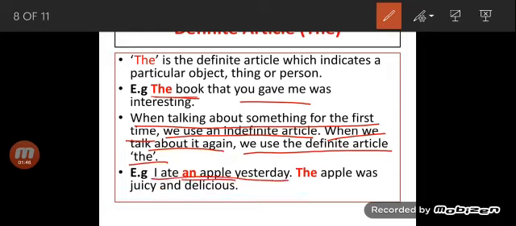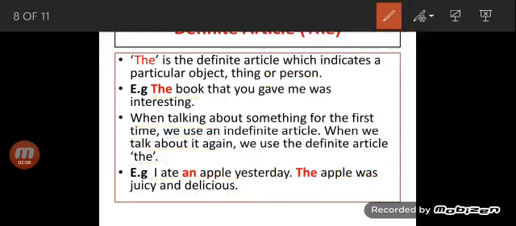Here apple is the noun, and we say an apple because we are talking about it for the first time. The apple was juicy and delicious. So I am talking about this apple only. When we talk about the same apple again, we use the article the. Which apple? The apple we talked about earlier.